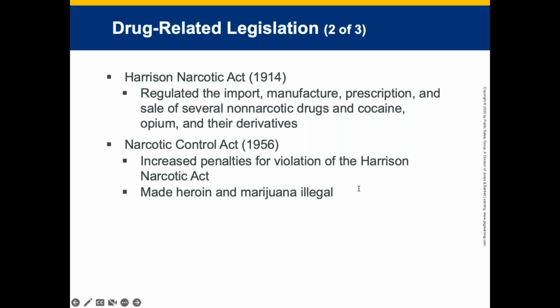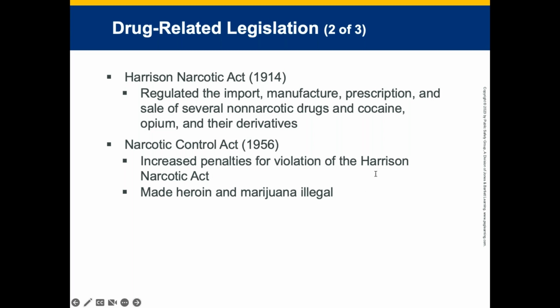As you can see, a lot of that's changed over time. It required precise record keeping about dispensing of controlled drugs, required registration of distributors such as pharmacists, and illegal possession or distribution of controlled drugs could result in fines and imprisonment.